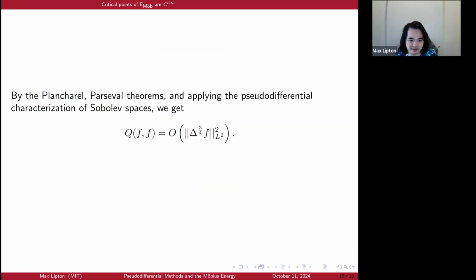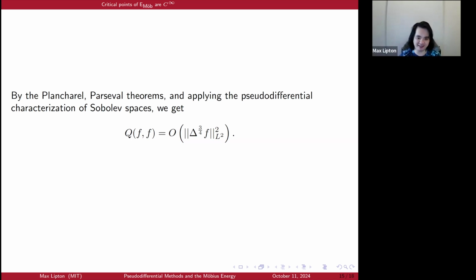So if we apply the Plancherel and Parseval theorems, and then the pseudo-differential characterization of Sobolev space, as I mentioned earlier, the quadratic norm of a perturbation direction f is going to be dominated by the 3/4 fractional Laplacian of f, L2 norm squared.